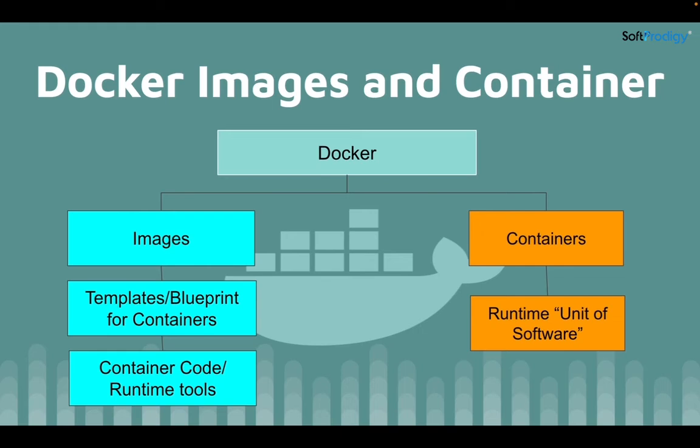An image is just a copy of your operating system, where you configure the requirements for your application. Suppose you want to run a backend application which requires Node version 15, 14, or 18.